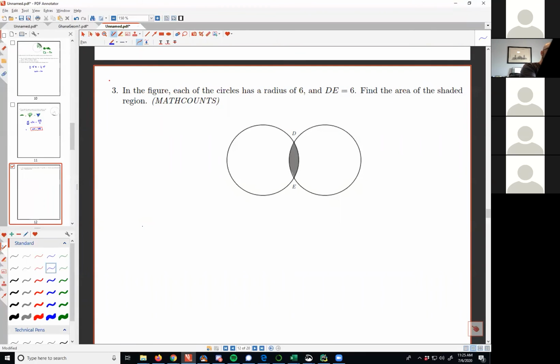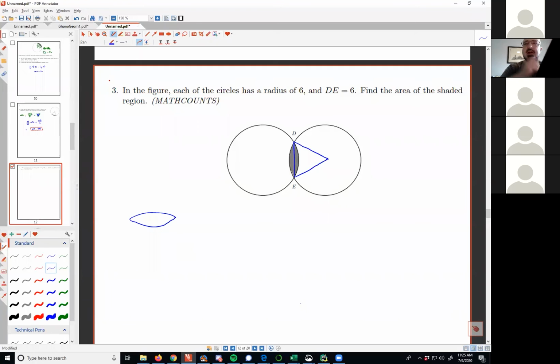Well, it says that the radius of the circle is 6, and the distance from D to E is also 6. So that means that they join at a 60-degree angle. I'm not so sure how to put it in words, but they join with 60 degrees, connecting D and E to the centers of the circles.